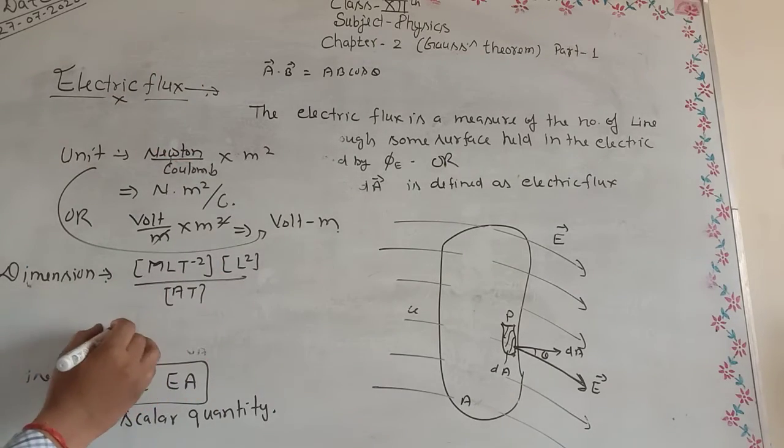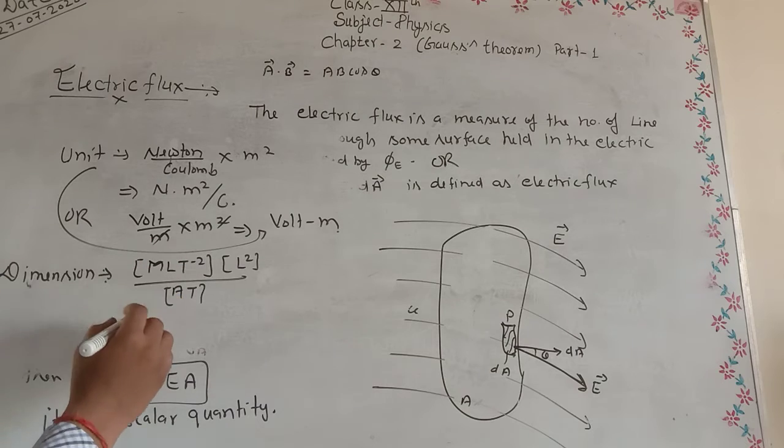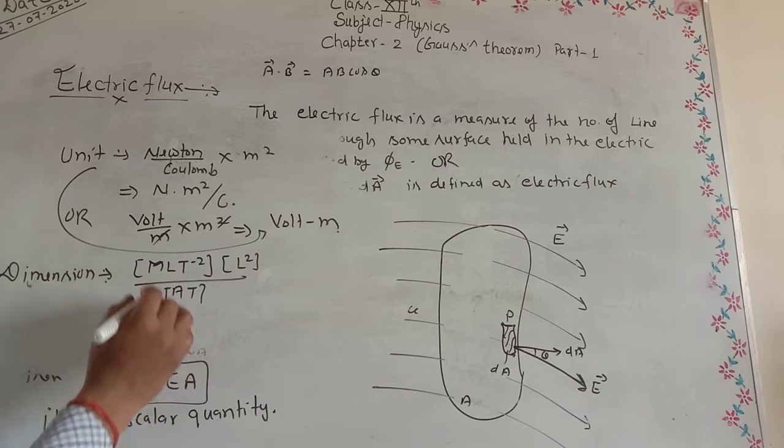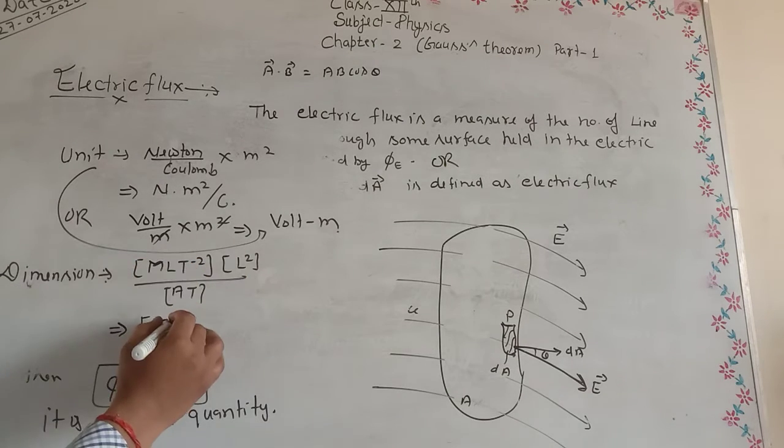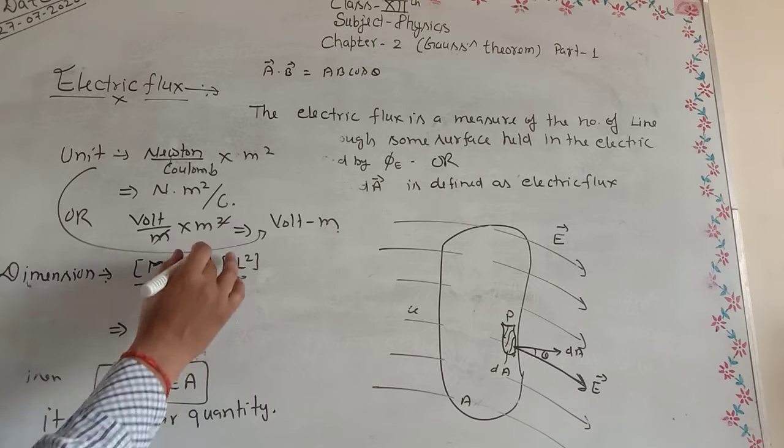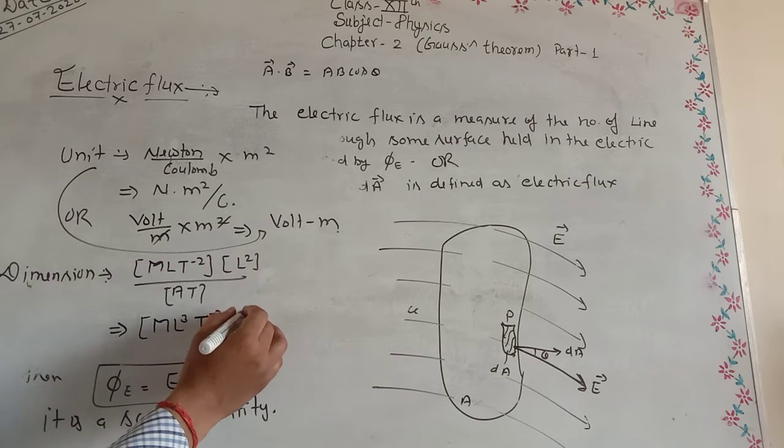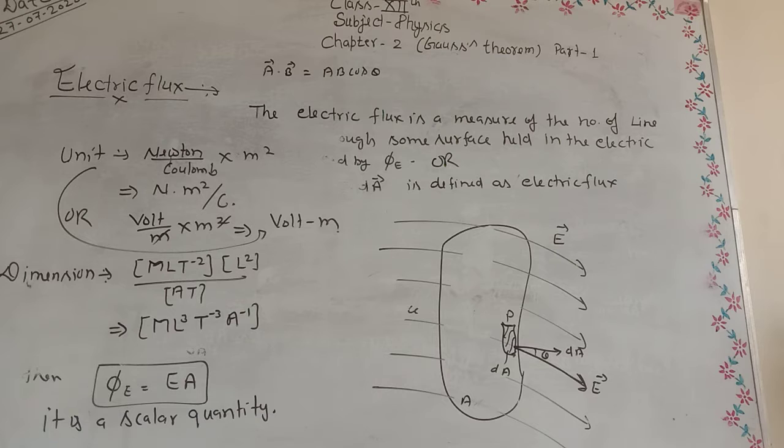Then the dimension of electric flux is ML^3 T^-3 A^-1. This is the unit of the electric flux and the dimension of the electric flux.